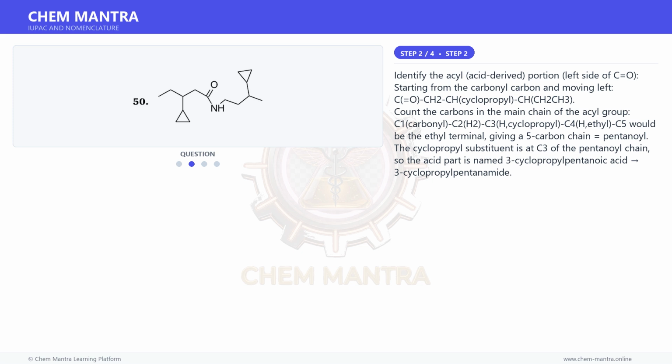Count the carbons in the main chain of the acyl group: C1 carbonyl, C2 H2, C3 H cyclopropyl, C4 H, ethyl, C5 would be the ethyl terminal, giving a 5-carbon chain, pentanoyl. The cyclopropyl substituent is at C3 of the pentanoic chain, so the acid part is named 3-cyclopropylpentanoic acid, 3-cyclopropylpentanamide.